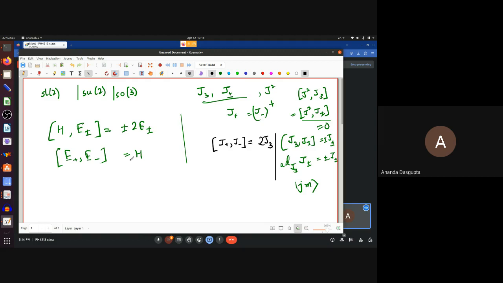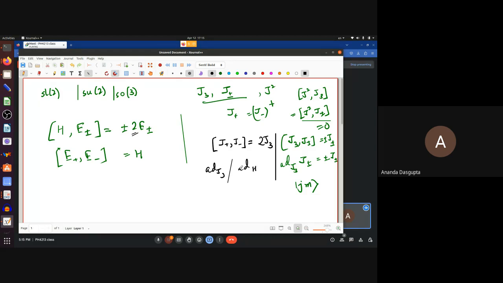So this H that I'm using here basically is like twice J3. And because H is twice J3, the commutator of H with E plus and E minus has ended up with an extra factor of 2. Right? Because the adjoint J3, this operator whose eigenvalue is plus minus 1 on J plus minus, and adjoint H, they're not the same operator.